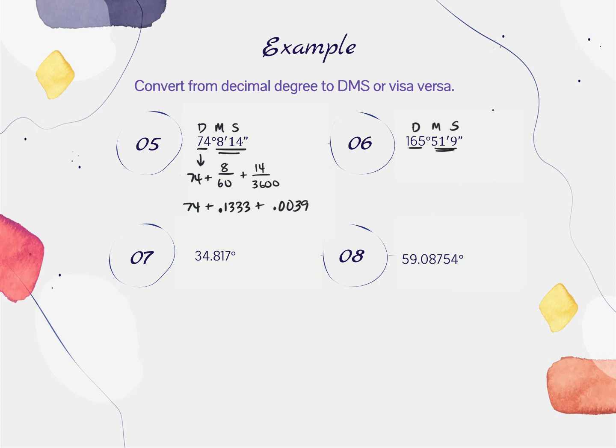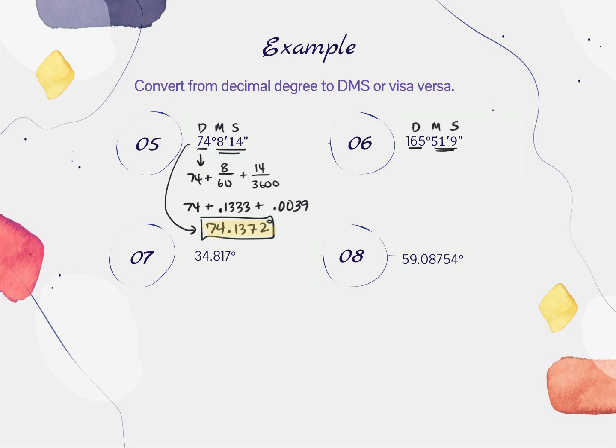I'll round it to 9, okay? And then what you're going to do is you're going to add that up. So you're going to do 74 plus 0.1333 plus 0.0039. And when you get your answer, you're going to get 74.1372. That is the degree of this DMS form. It's converted. That's your answer.